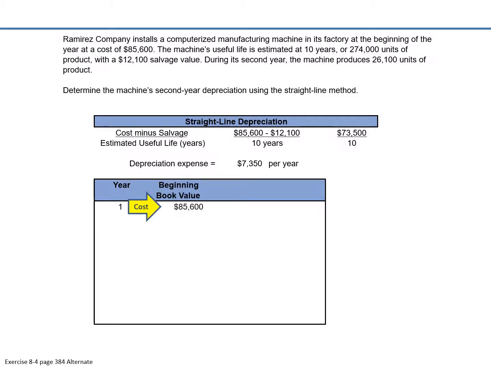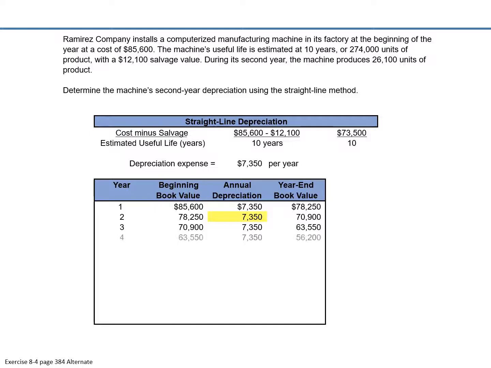So year one, we have a beginning book value of $85,600 less $7,350 depreciation, ending value of $78,250. Year two, we have a beginning book value of $78,250 less annual depreciation of $7,350, which is what the problem's asking you for, for a net book value of $70,900.